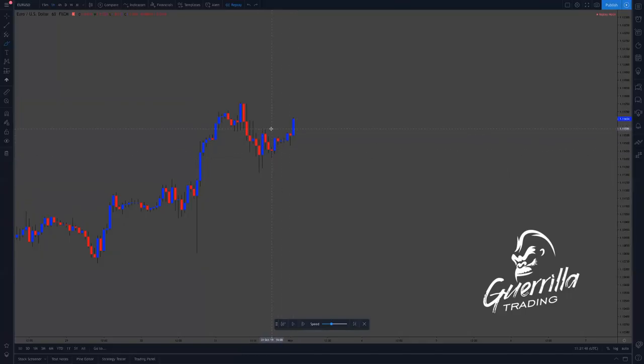Now again, we've just broken these highs. Now, is this going to retrace? Let's have a look. Yes, it's showing us that momentum is not fantastic to the upside and that we can expect price to drop down.